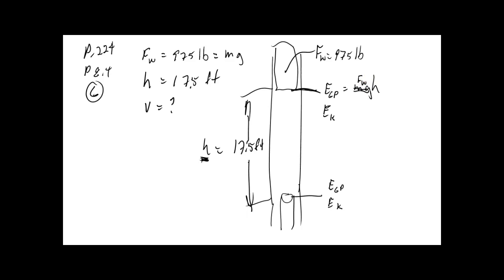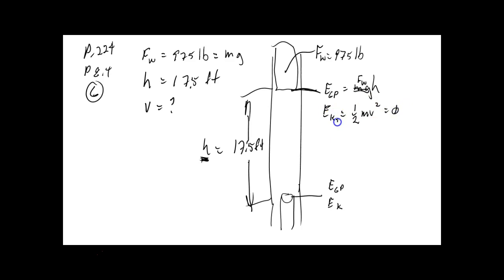Now that pile driver is just hanging up there because you haven't released it yet. So what's the kinetic energy of that pile driver up there at the top? It's going to be 975. No, wait. Kinetic energy. Oh. What is the kinetic energy of the pile driver at the top? Zero, because it's not moving. Kinetic energy is 1/2 mv squared, and since there's no velocity, this is zero.